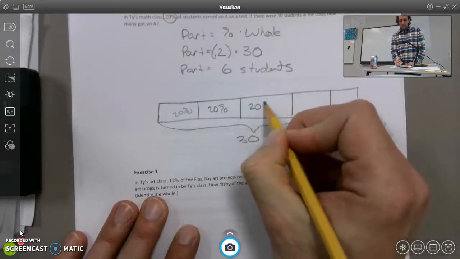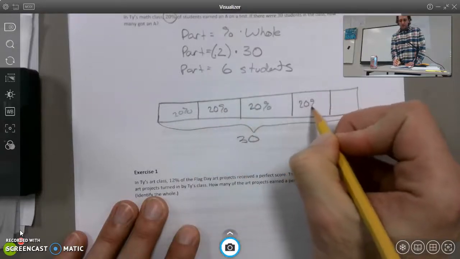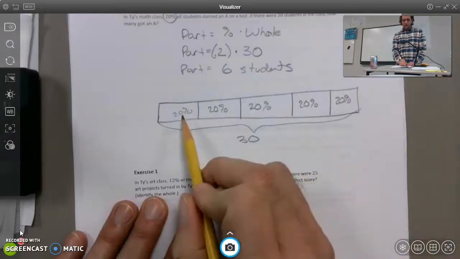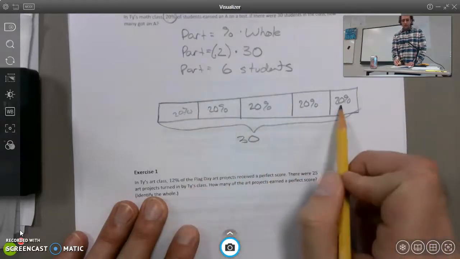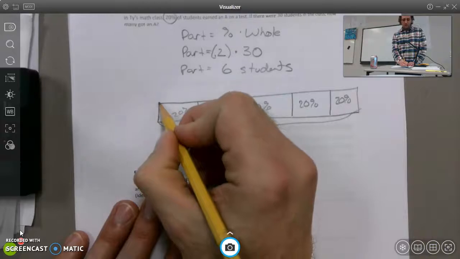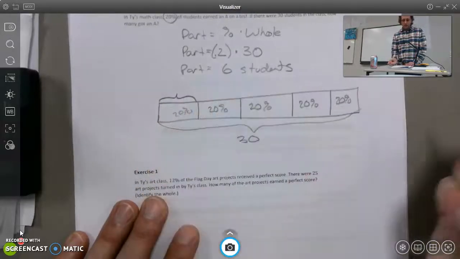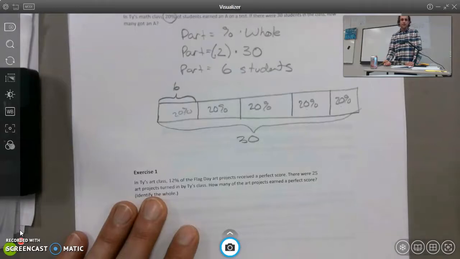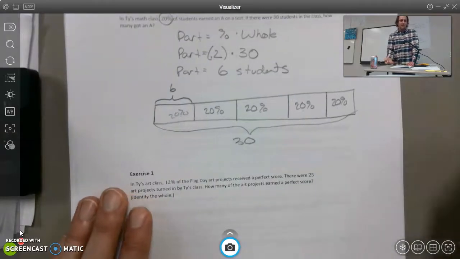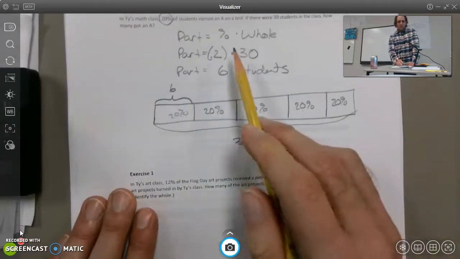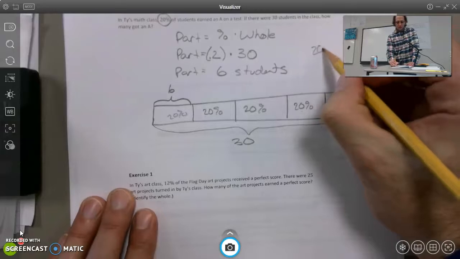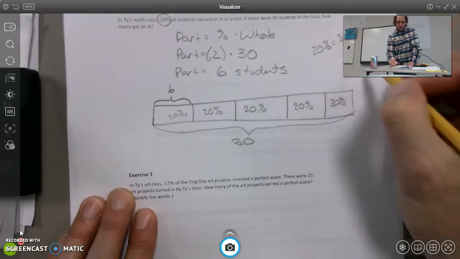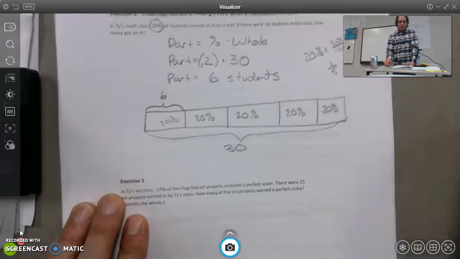If I divide that up into sections of 20%, and then count those sections, that's 1, 2, 3, 4, 5 sections. So that means 30 divided by 5 is 6. You can see that visually, but that also makes sense because what is 20%? Well, 20% is 20 out of 100, which is 1/5, right?